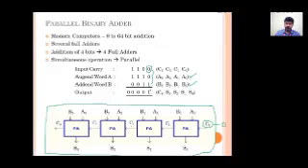So the sum value will be 1 and the carry value will be 0. That carry generated in the first full adder is moved on to the second full adder, that is named C1.